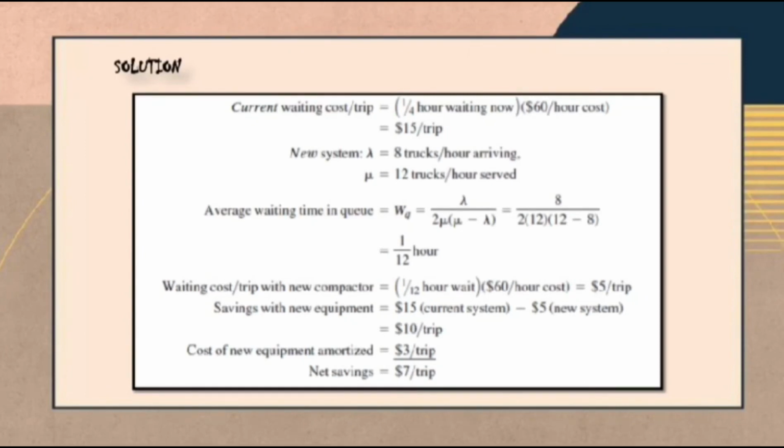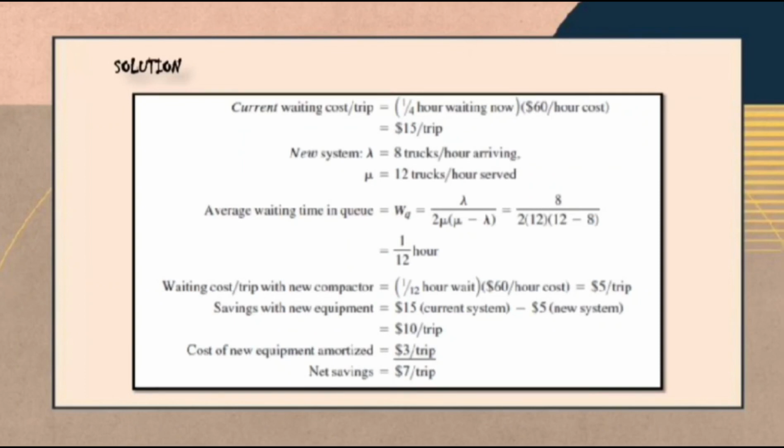Here is the average waiting time in queue, which we actually already solved earlier. But we put it here because it is included so we can solve the changes brought by the amortization rate. Earlier, we came up with 0.08333 bar as the average waiting time in queue.